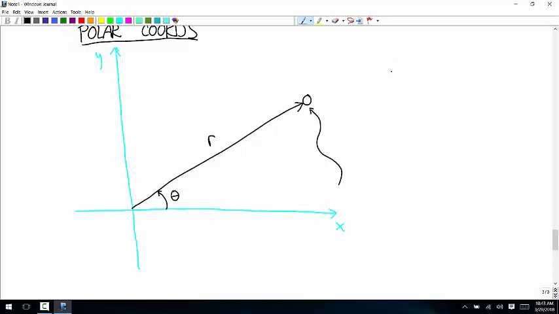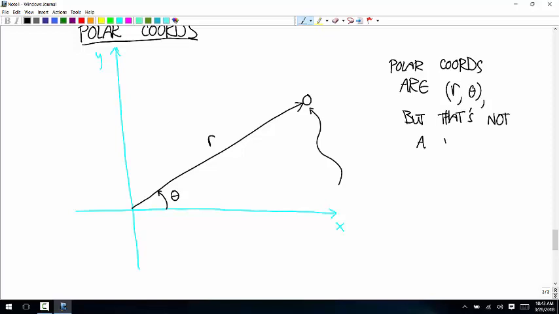Okay, so the polar coordinates are r and theta. But that's not a vector. And so to do dynamics, we want to come up with an orthogonal coordinate system where we can represent the position as a vector.